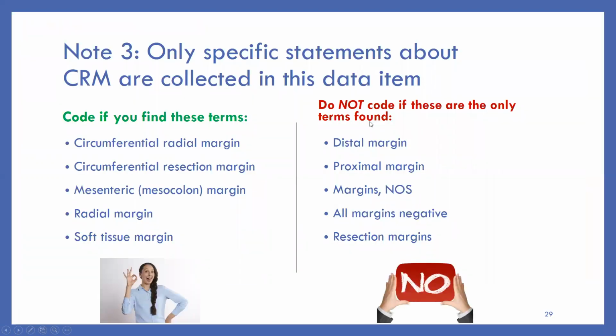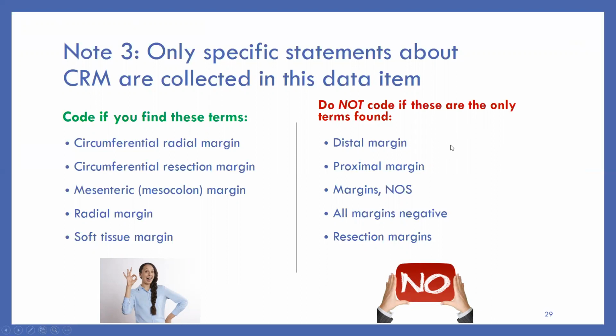Okay, so note 3, going back to just reiterate again, here are some terms. Only specific statements about the radial margin or the circumferential radial margin are collected in this data item. On the left are the green terms that you can use. These are okay. Do not code the CRM if these are the only terms found on the right under the red header.